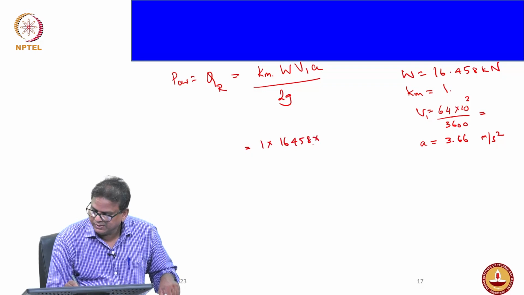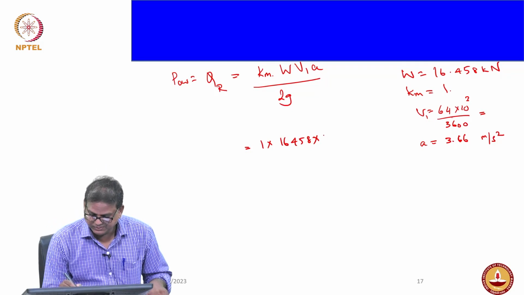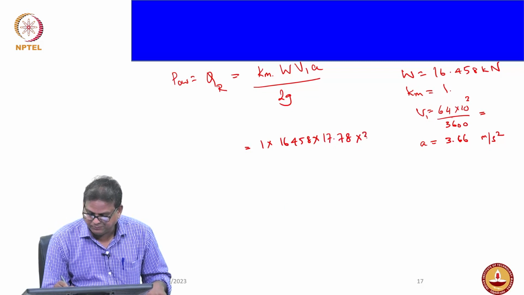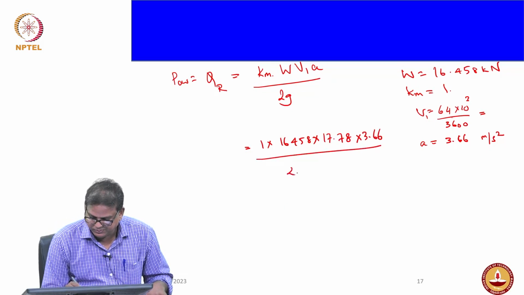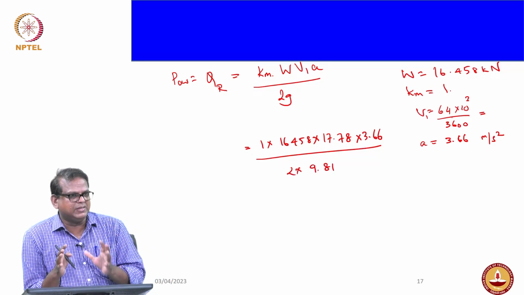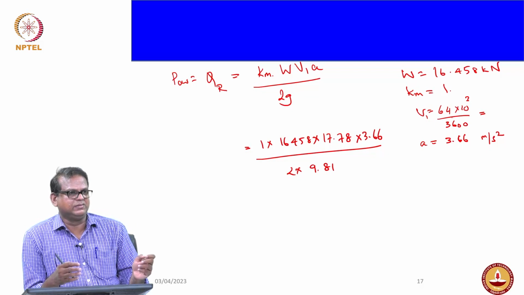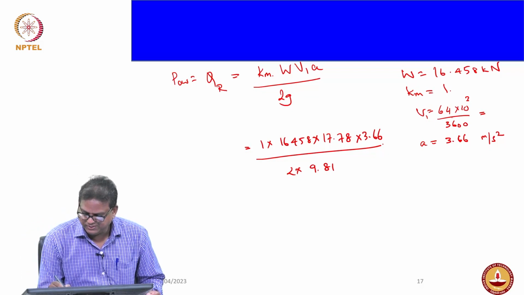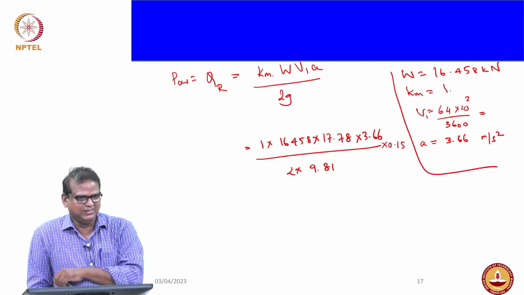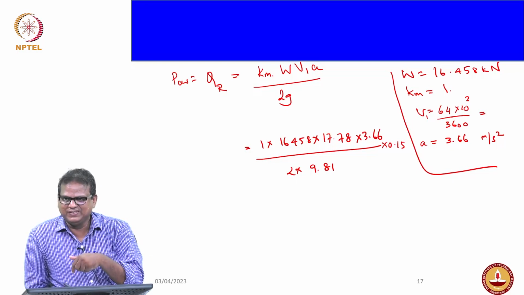With W equal to 16,458, can you tell me the V1 value? It is 17.78 meter per second. With the deceleration rate 3.66, divided by 2 into 9.81, this much energy is developed. How much energy is absorbed by the rotor? 15%, that is what is given, so multiply by 0.15, because that is the only energy we want, not the entire brake energy, just the rear portion.